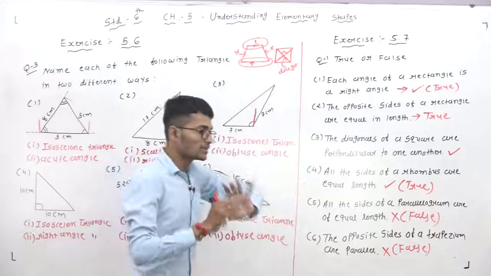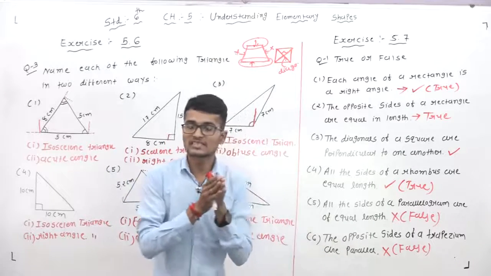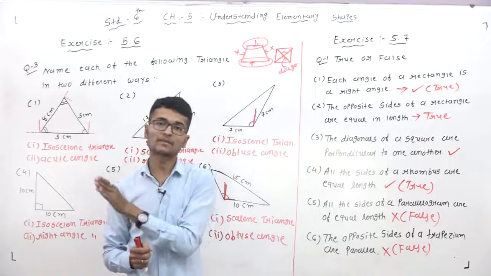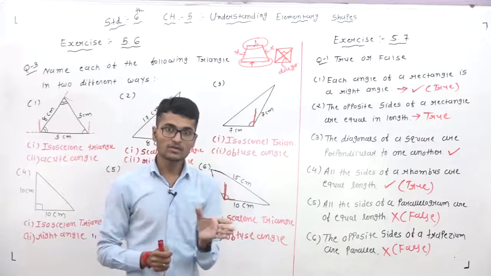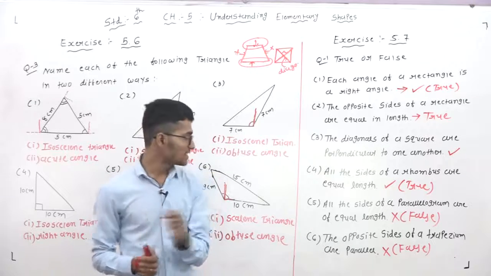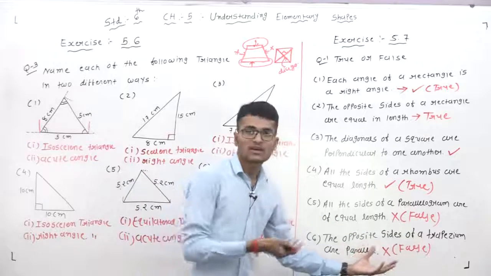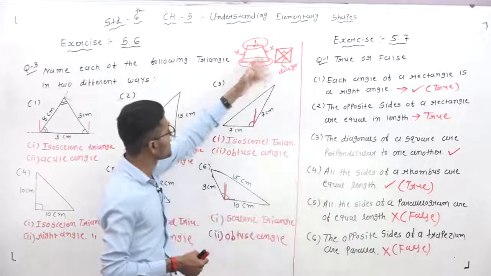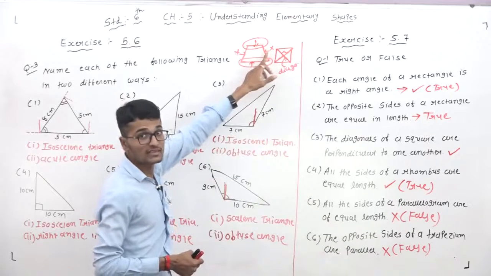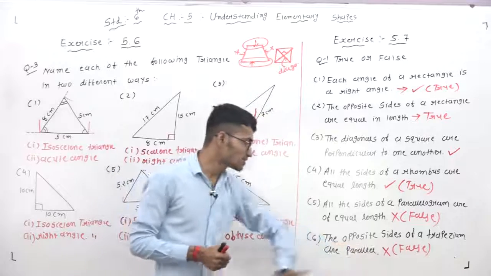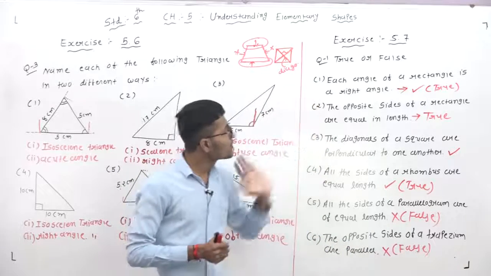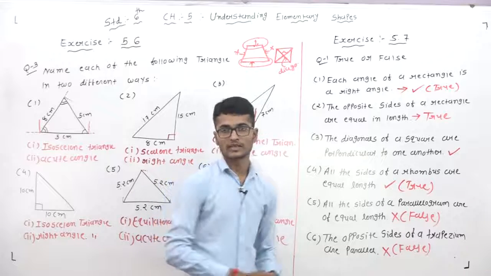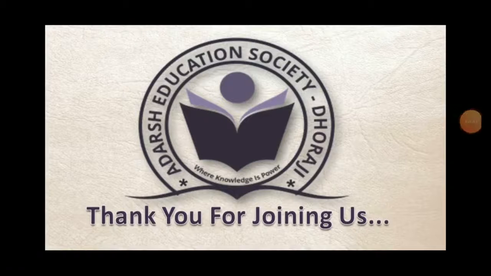If the question said one pair of opposite sides of a trapezium is parallel, then our answer would be right. Here it does not classify which opposite sides, this pair or that pair, so in this question the answer is wrong. So understand, students, exercise 5.7, question number 1, true or false. Clear? Okay. Thank you for joining us.